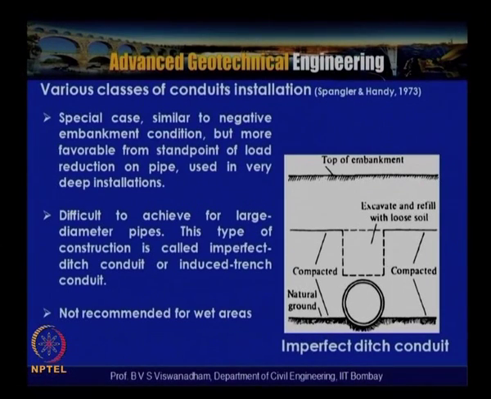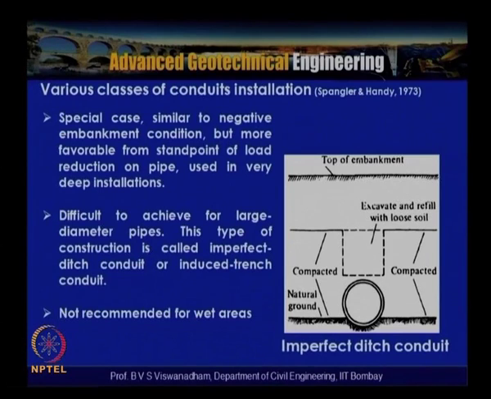Then another case is called the imperfect ditch conduit condition, which is similar to the negative embankment condition but more favorable from the standpoint of load reduction in pipes used in very deep installations.